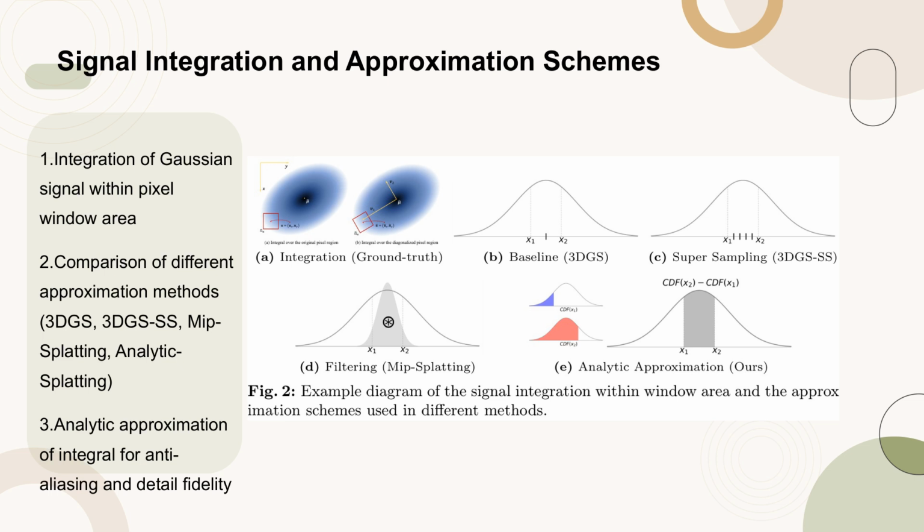This signal is essential for determining the volume transmittance and shading of each pixel, considering attributes like opacity alpha i and view-dependent color Ci.